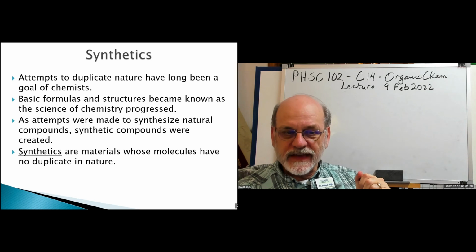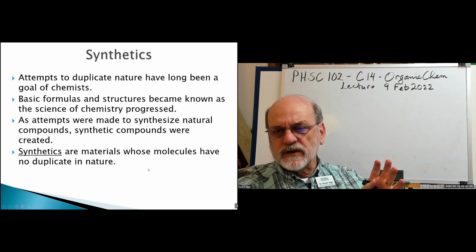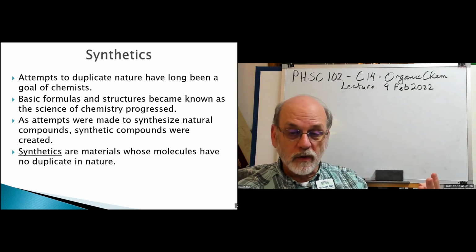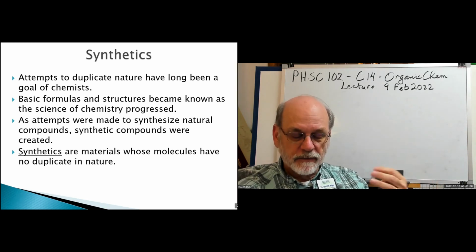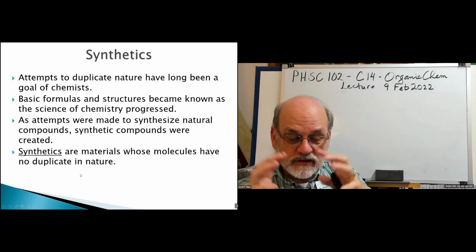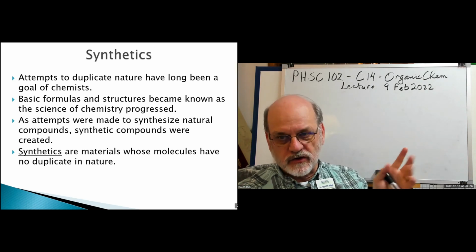So these synthetic materials do what we want them to do. In the beginning, synthetic materials were imitations of the polymers and compounds that we would find in the real world outside in nature. But now the definition of synthetics is restricted to cover materials that have no duplicate in nature.